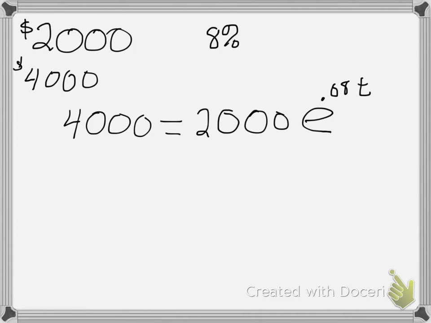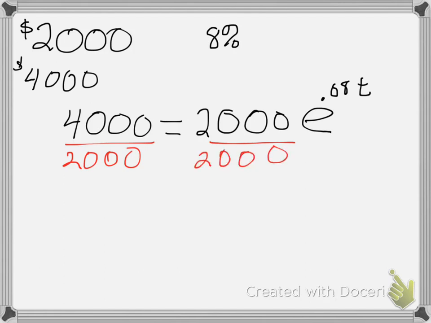So the first thing she does is she divides everything by 2,000 and gets 2 equals E raised to the 0.08 T. Well, at this point, now she says I'm going to take the natural log of each side.